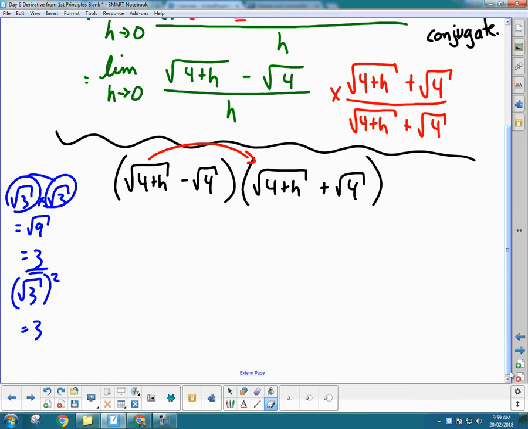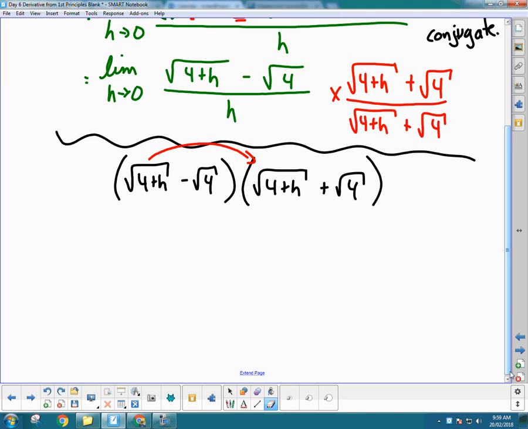That's great if the number is simple like root 3, or more complicated as something like root 4 plus h. But good news is when root 4 plus h gets multiplied by root 4 plus h, you're left with just the 4 plus h part. That's great. Now my next radical multiplication is root 4 plus h times this. Not as great.